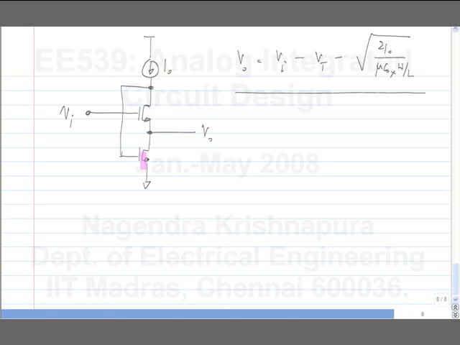So if you respect those swing limits, you can still use this as a follower.